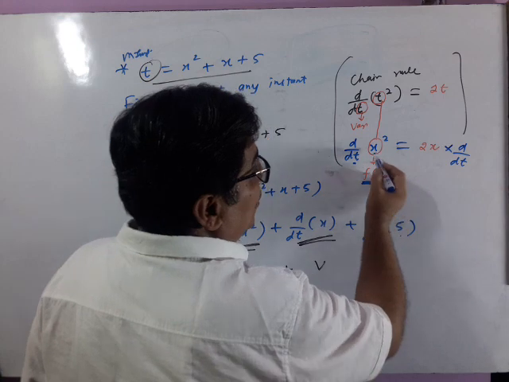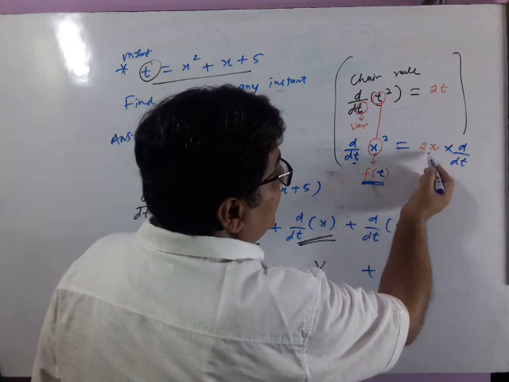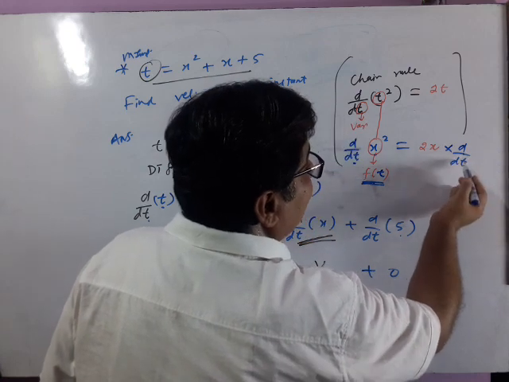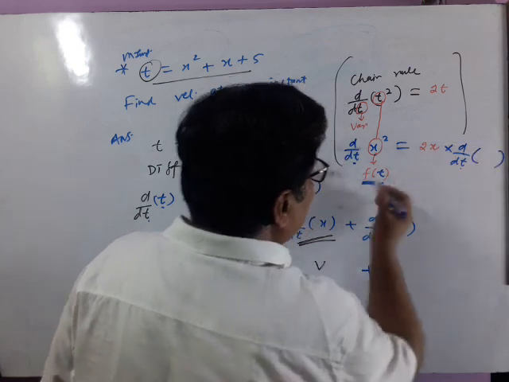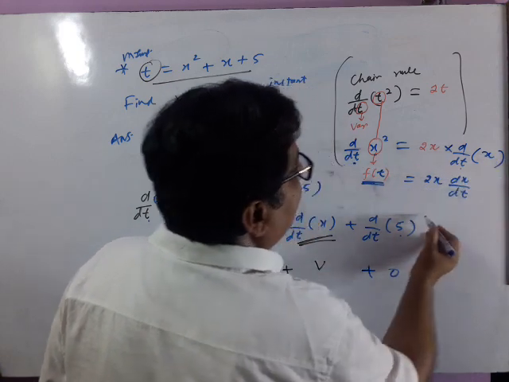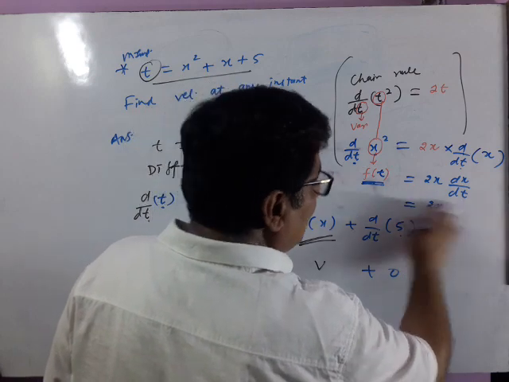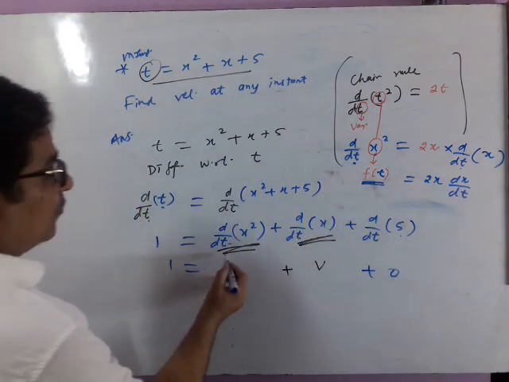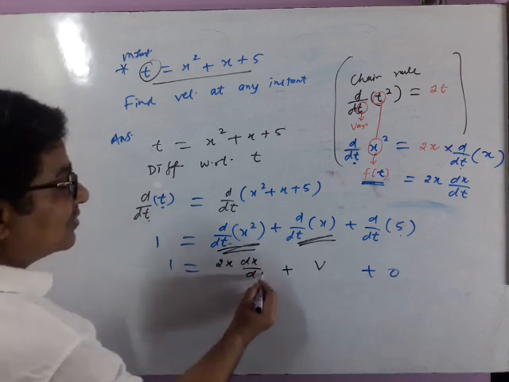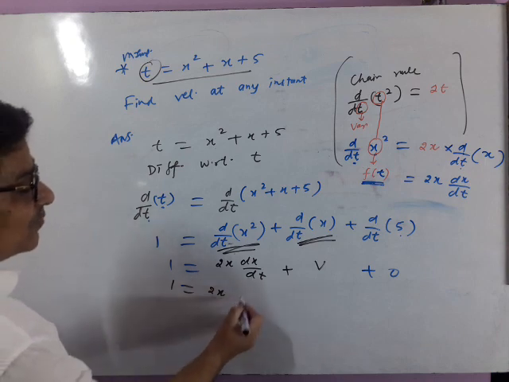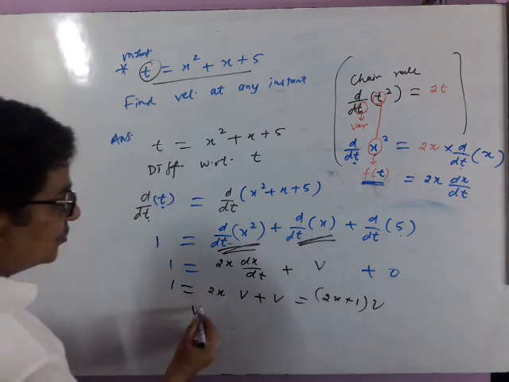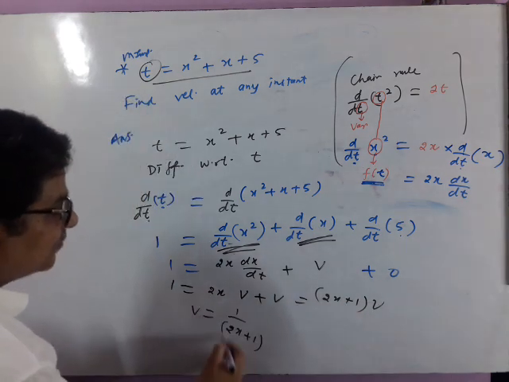So ordinary differentiation 2x, and then differentiation of the function of x with respect to time. So our formula will be 2x dx by dt. So what is dx by dt? Write it here: 1 is equal to 2x dx by dt by the chain rule method. What is dx by dt? v. Now take common v, 2x plus 1. So velocity will be 1 upon 2x plus 1.